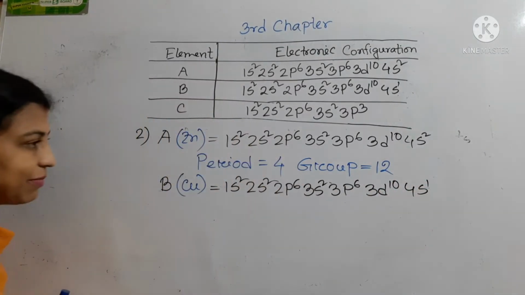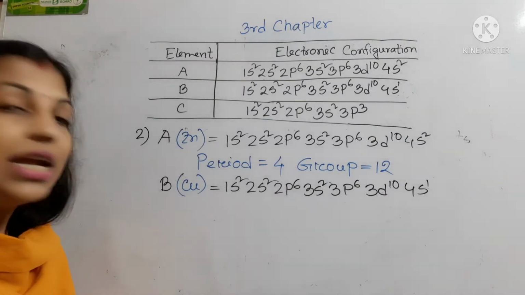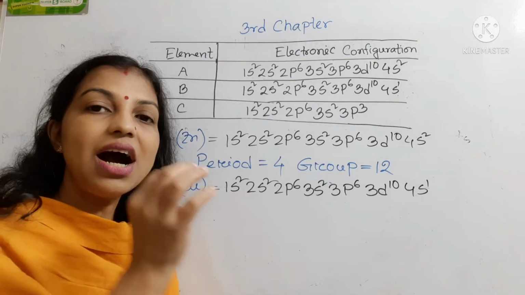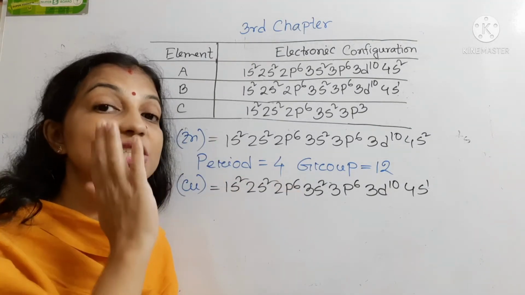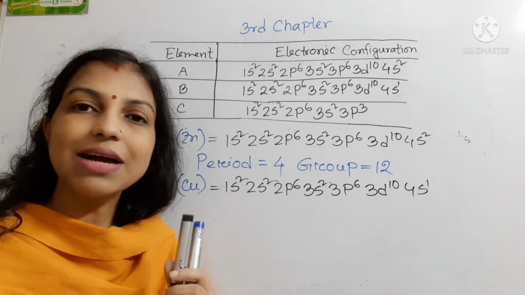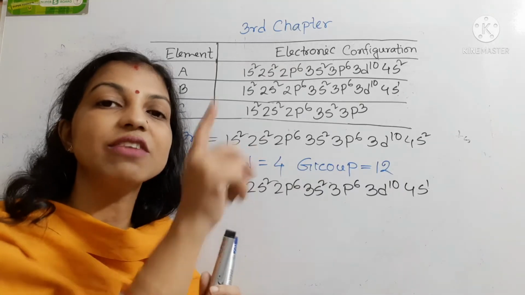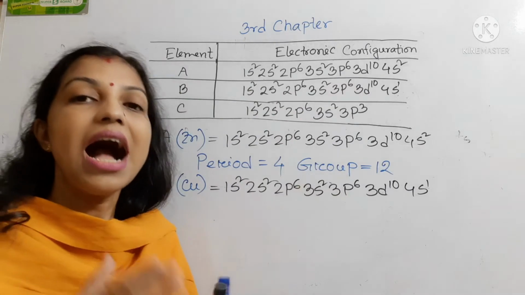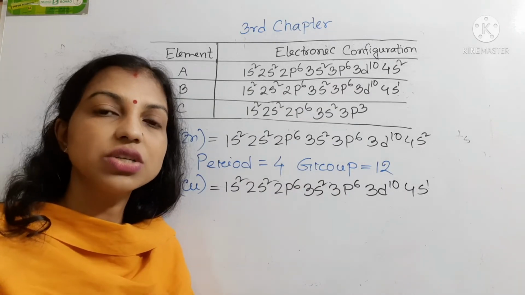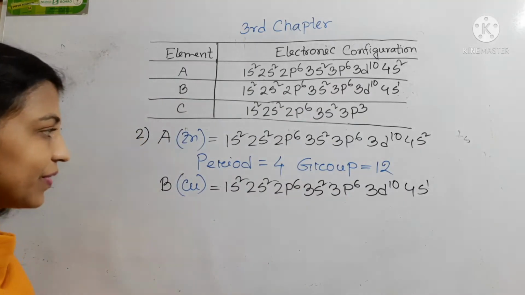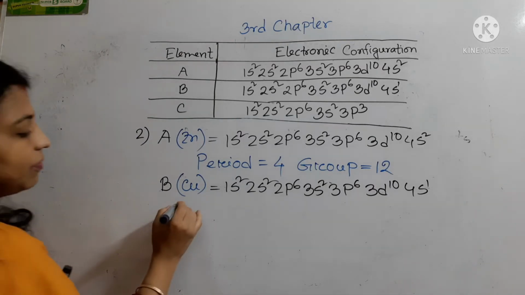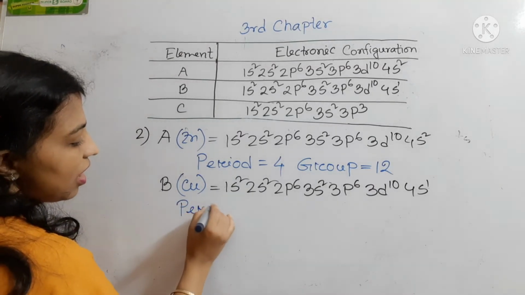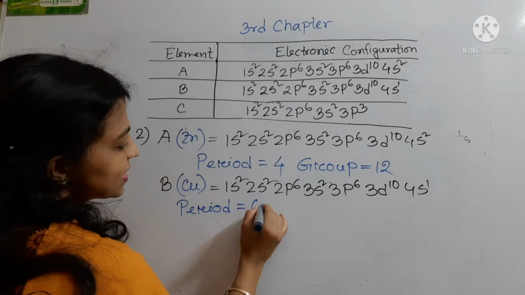That means it is just like the previous one. Here you have also seen that the highest energy shell is 4. The highest energy shell shows the period of that element. As the highest energy shell here is 4, its period is 4. That means the period of copper is 4.